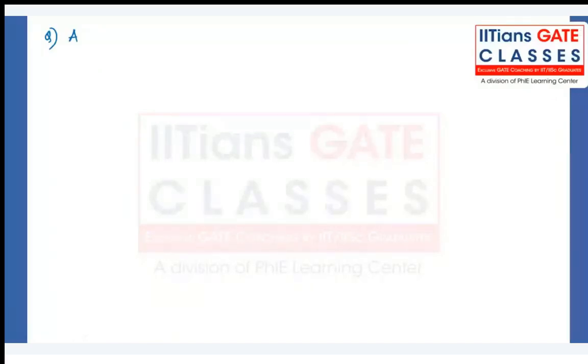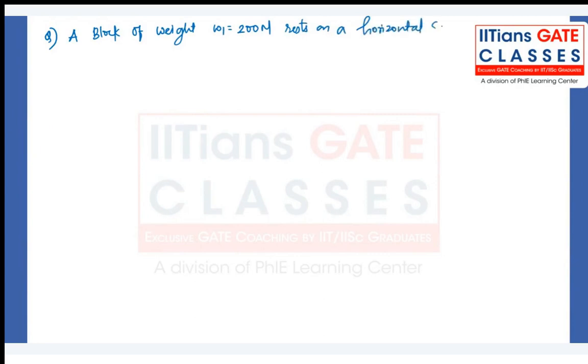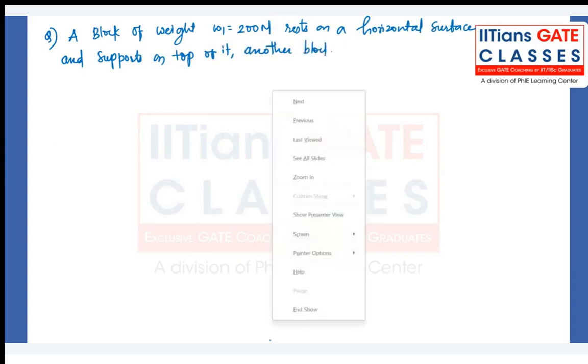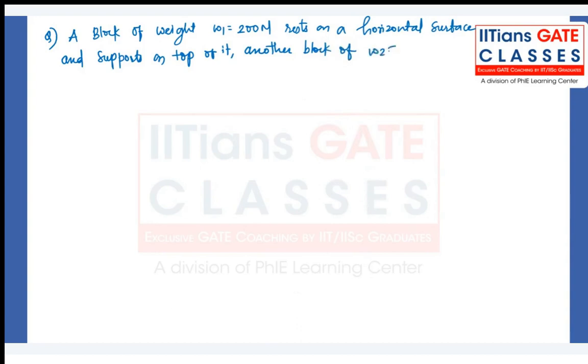A block of weight W1 equal to 200 Newton rests on a horizontal surface and supports on top of it another block of weight W2 equal to 50 Newton, as shown in the figure.